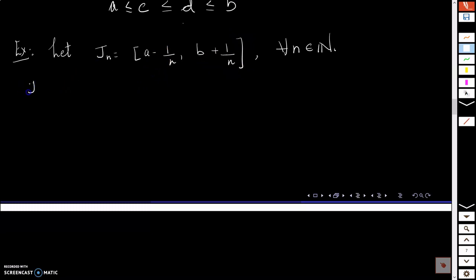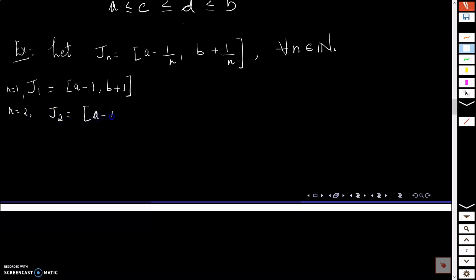Okay, so what will be J1 for n equal to 1? If I put n is equal to 1 here, I will get J1, and that will be equal to a minus 1 by 1, that's a minus 1, comma b plus 1 by 1, so that's b plus 1, right? So a minus 1, b plus 1. If I put n is equal to 2, what will I have?